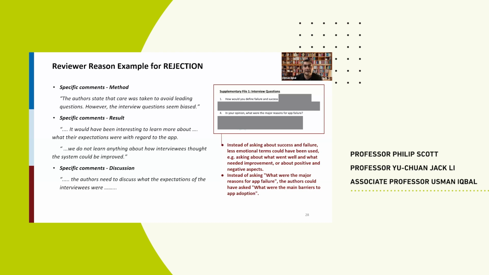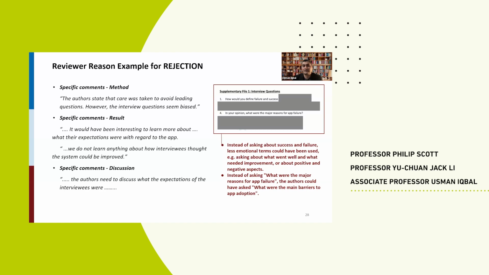Sometimes the study is very good, but the way you present the writing is not always very good or robust. So it has to flow nicely and provide the maximum information in the fewest words. Then, specific comments on the discussion. You can also see some of the comments, and these are examples taken from reviews, and they are anonymous.